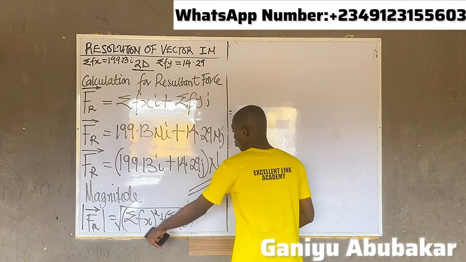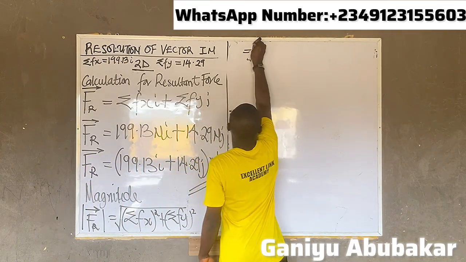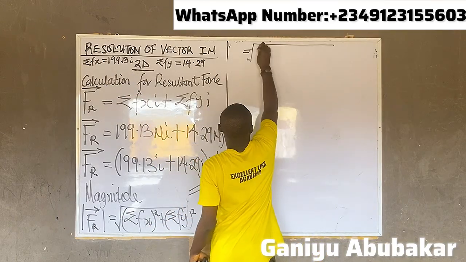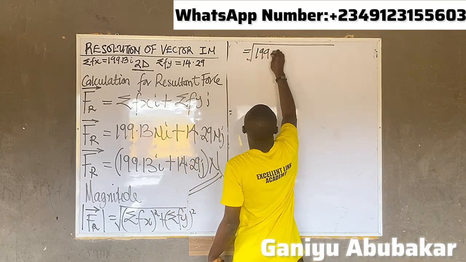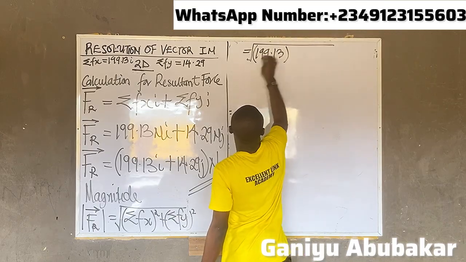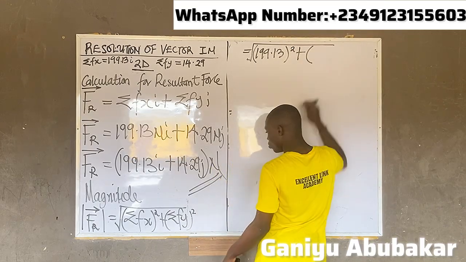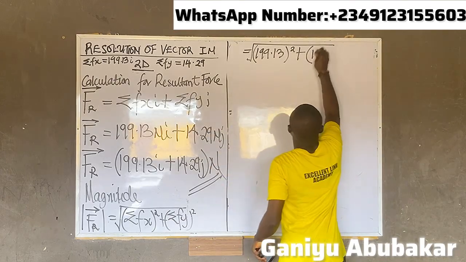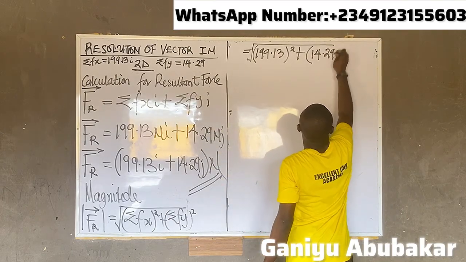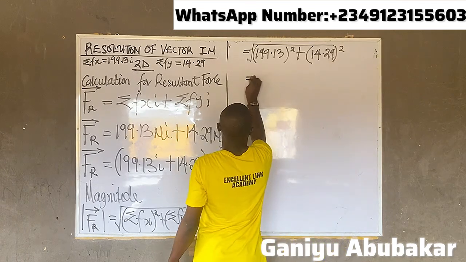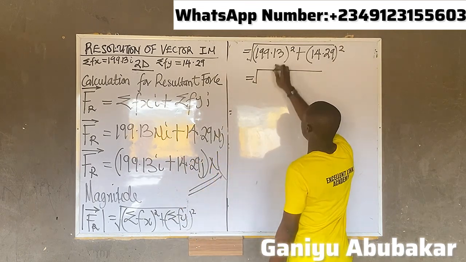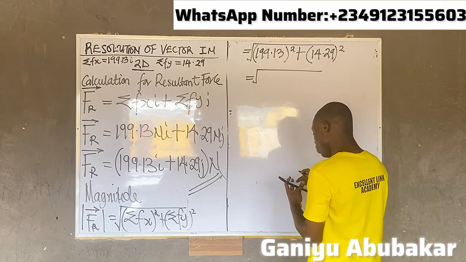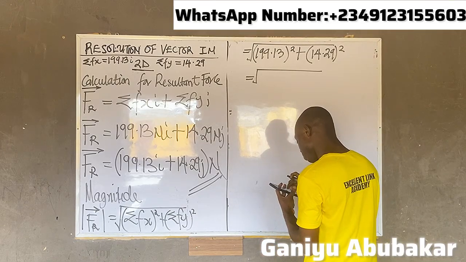From here, this gives you the square root of 199.13, of course I'll square this value, plus f of y, which gives you this value, 14.29 all squared. This is now equal to the square root of, I'll punch this one here to see what I will get.